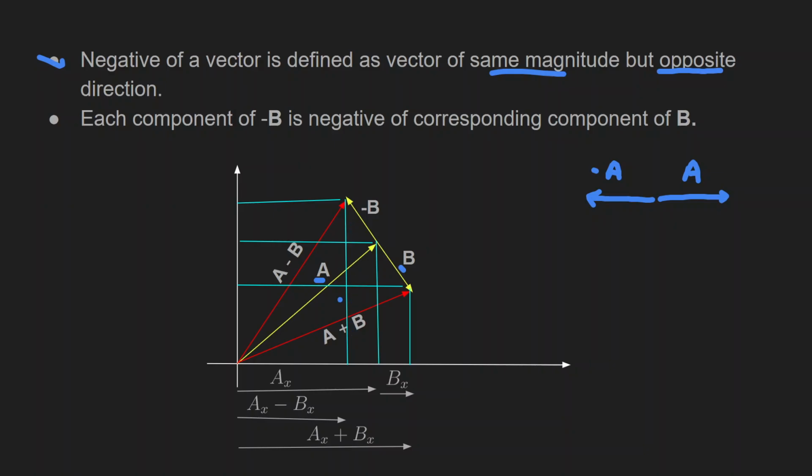Now the components I have also drawn over here. This component is the AX component. Then from here to here it is BX. So if I add these two, I will get this A plus B. And if I subtract these two, I will get A minus B. So this is the X component.